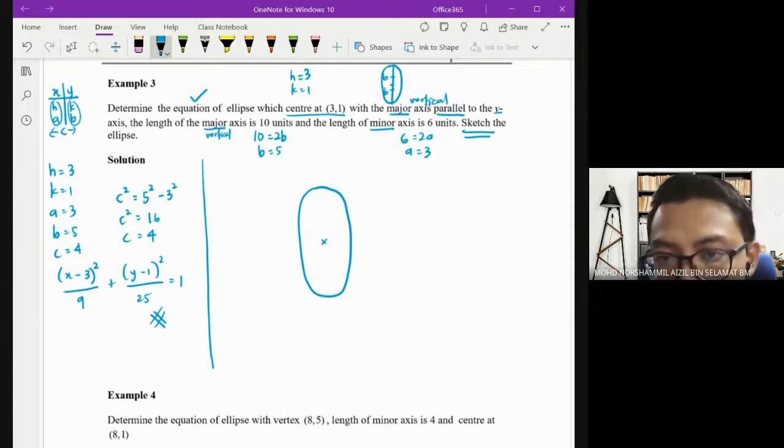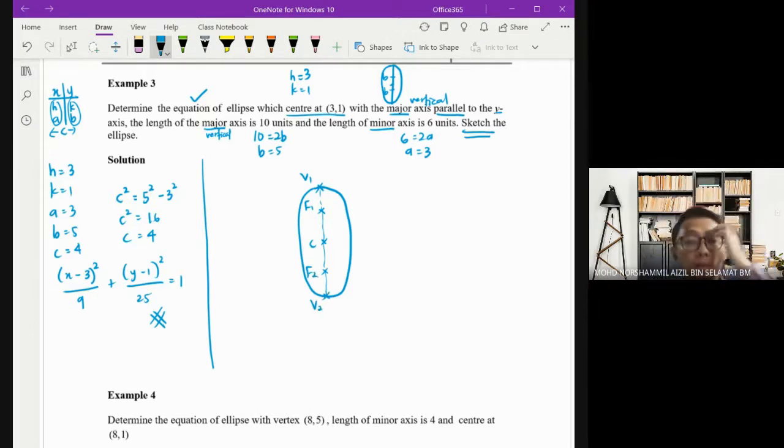Alright, somewhere here always your center. Center. So here will be foci 1, vertex 1, foci 2, vertex 2. Okay. So center. Center is HK 3, 1. Okay guys, yang mana akan fix?